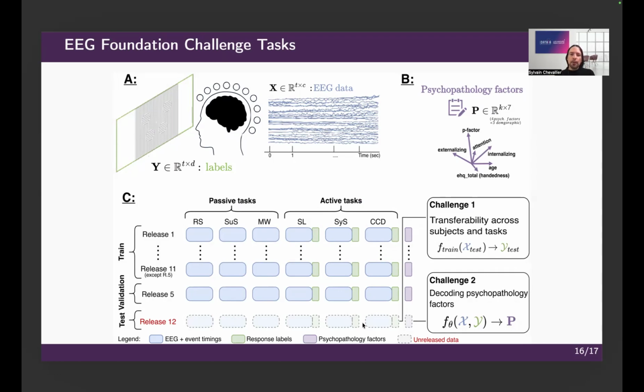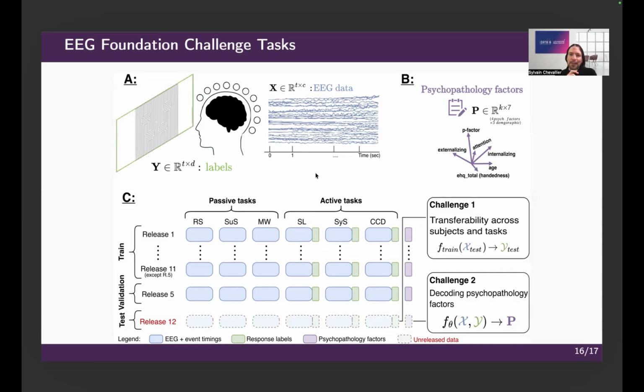This kind of response time is very close to what is asked of a BCI participant in the brain-computer interface framework. This task was expected to be not so difficult, so it was weighted less in the challenge. So that was the first task, a regression on the prediction of the time of some action.